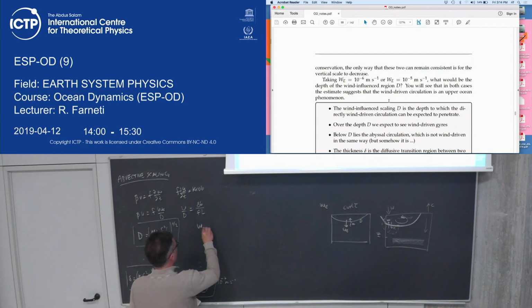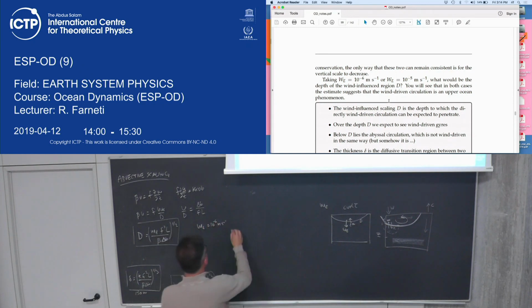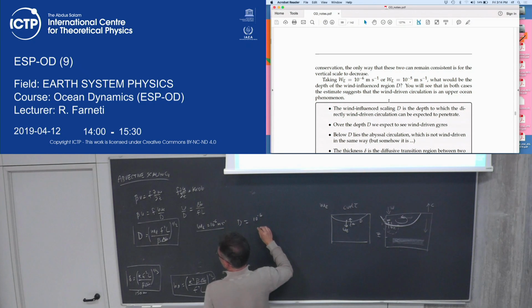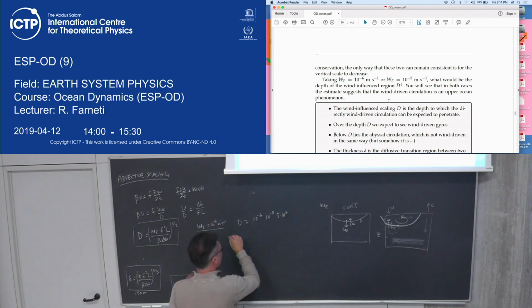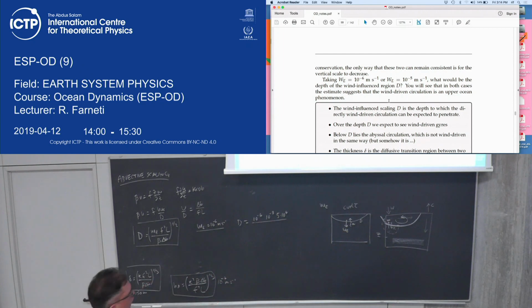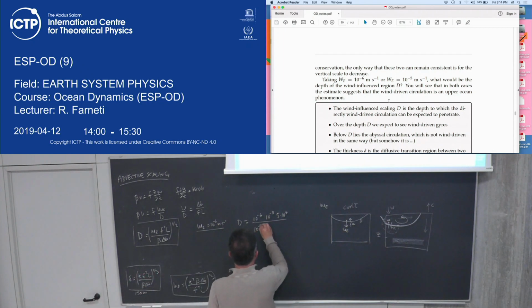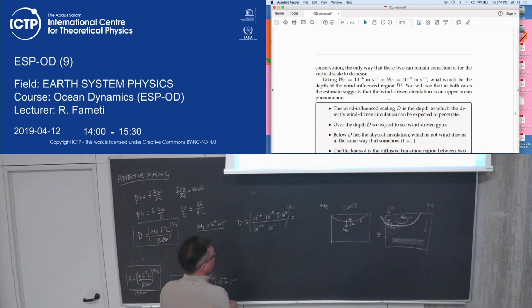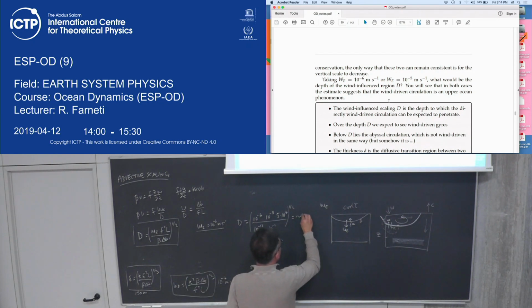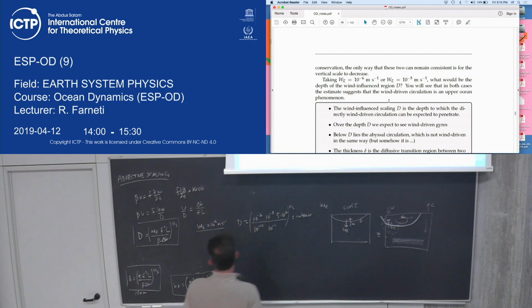So for Ekman pumping 10 to the minus 5, D is 10 to the minus 5, this is 10 to the minus 8, that's, I chose 5 times 10 to the 6, that's the horizontal scale of the wind-driven gyre. Beta is 10 to the minus 12, and delta B was 10 to the minus 2, to the half. If you do the numbers, this is roughly 700 meters.